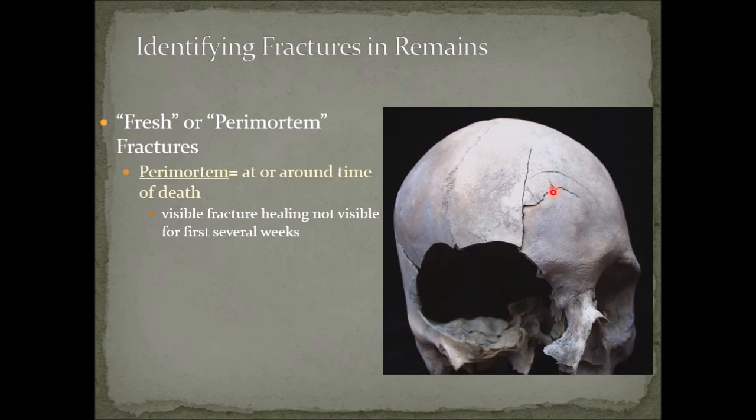This bone is also bending up here, and here we have radiating, and this is called a concentric fracture, which we'll talk about later on. No healing, bending involved. That tells us perimortem, at or around the time of death. This was associated, not surprisingly, with this person's death.